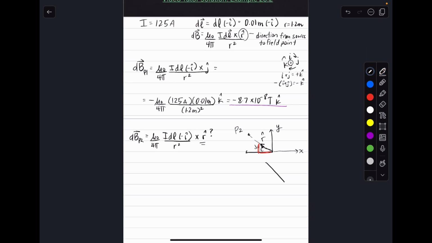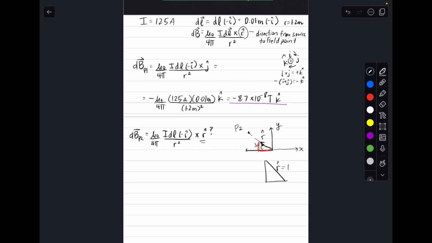Let's draw that right triangle to figure out what those components are. Our hypotenuse of the right triangle is the r hat vector, which has a length of 1. All unit vectors, all hats, mean the length of that vector is 1. This angle is 30. It's given to us. So that would make this the r hat component in the x and this the r hat component in the y. Okay, and notice that this r hat is pointing to the left. So the x component is going to be negative, right? And this one is pointing up, so it's going to be positive.